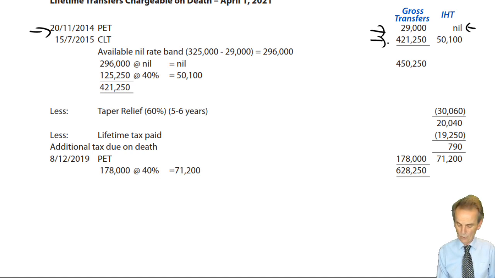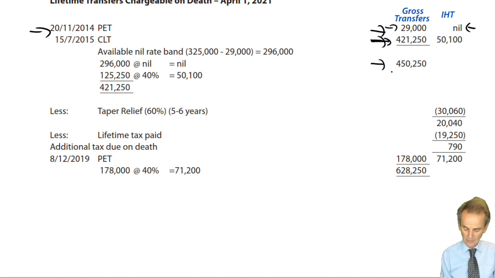When we add 421,250 there to the 29,000, we've got £450,250. How much of the 421,250 is chargeable at above nil rate? Well, what nil rate band was left?